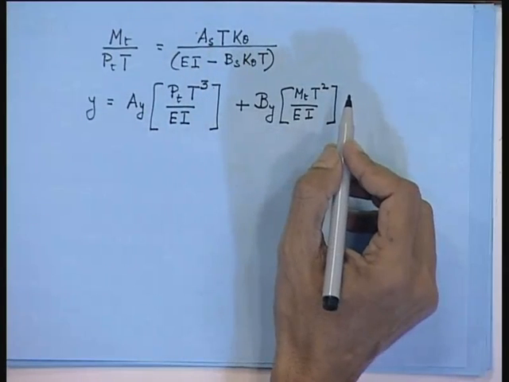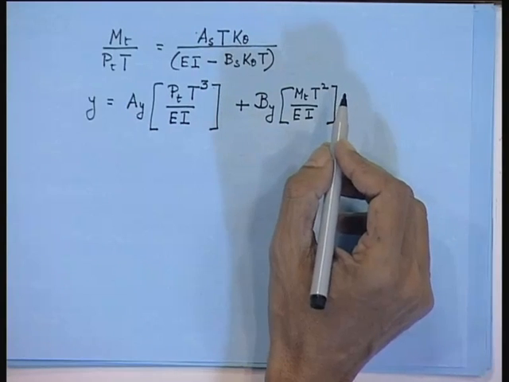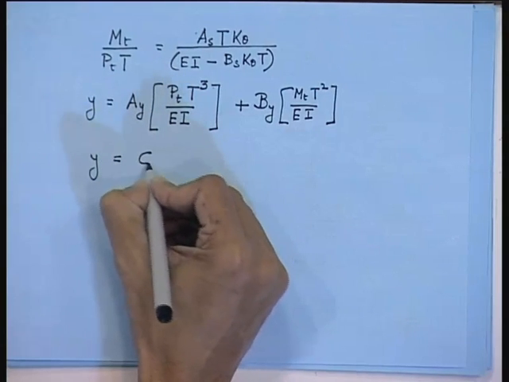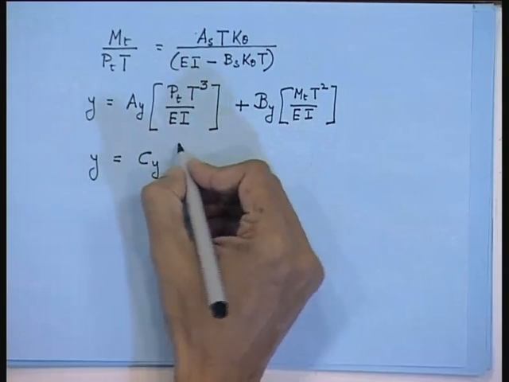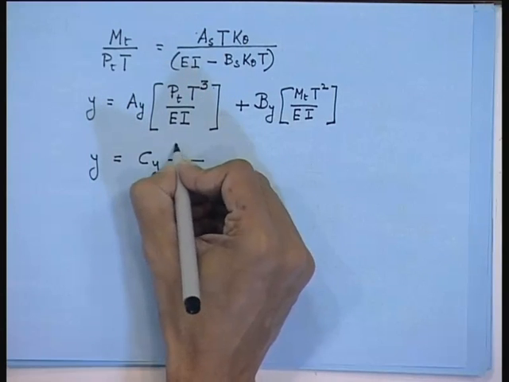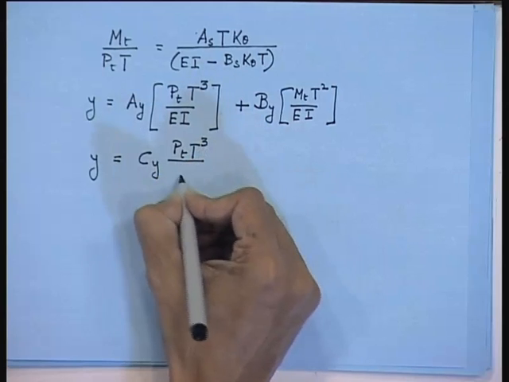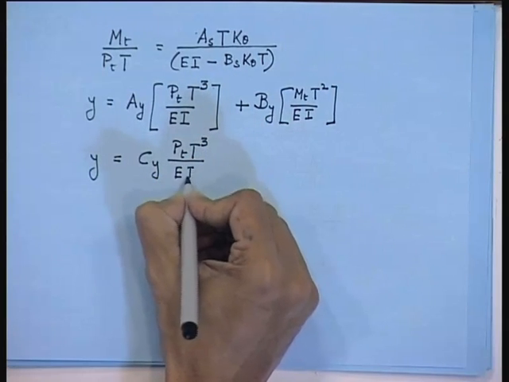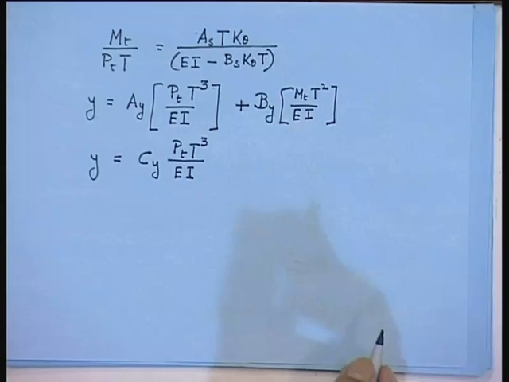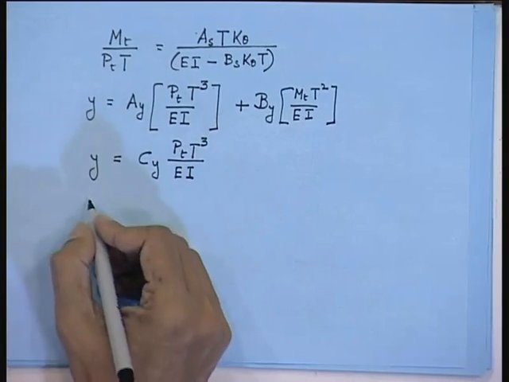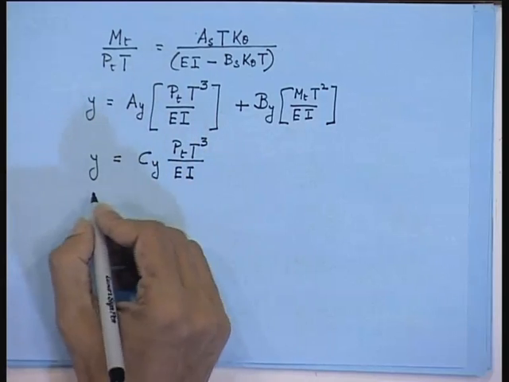MT PT by T. So, you write y in terms of a coefficient Cy multiplied by PT T cube divided by EI. So, then what is Cy? So, y if you put in terms of a coefficient Cy, then you have brought this out.